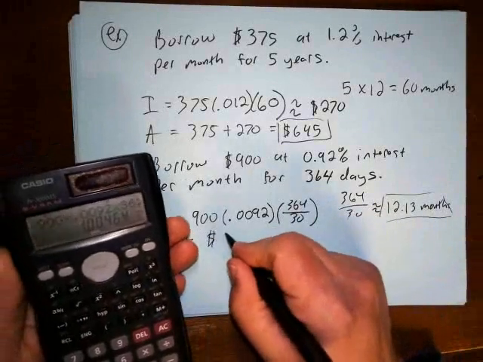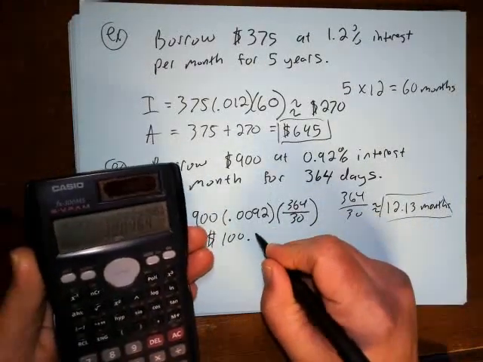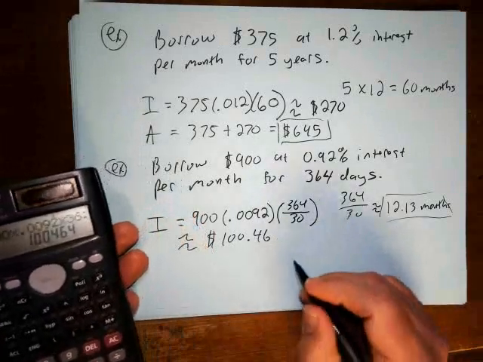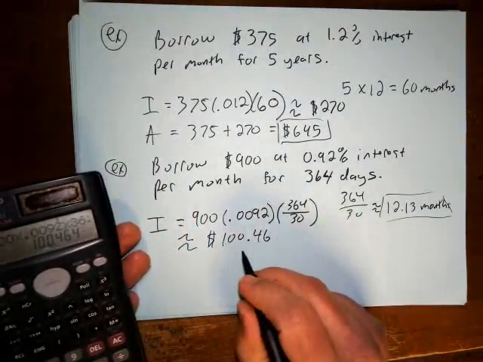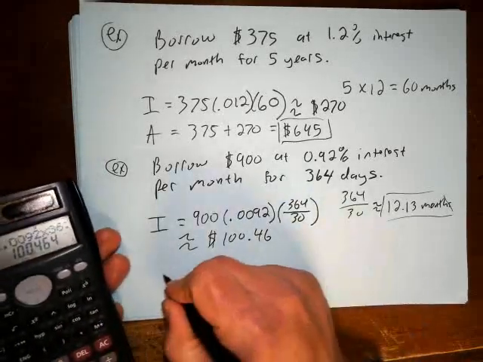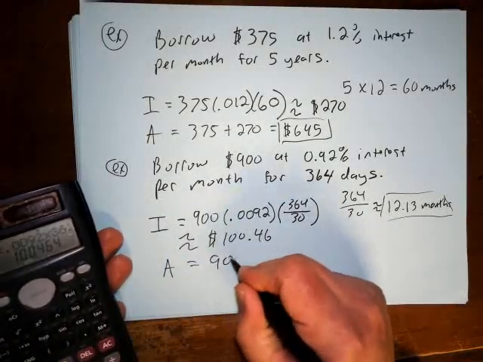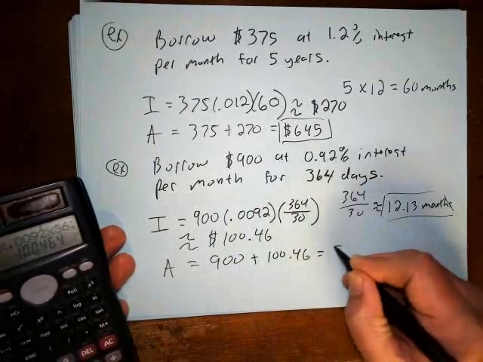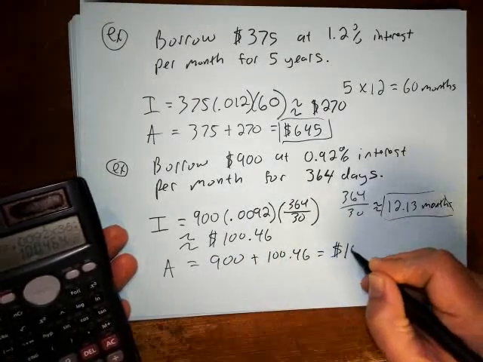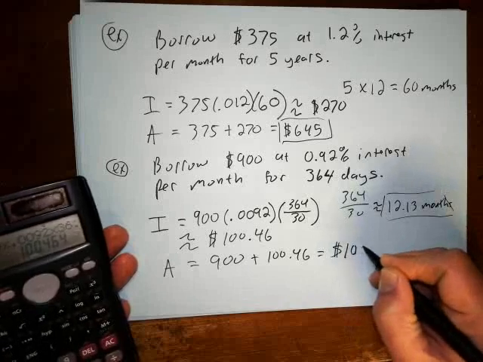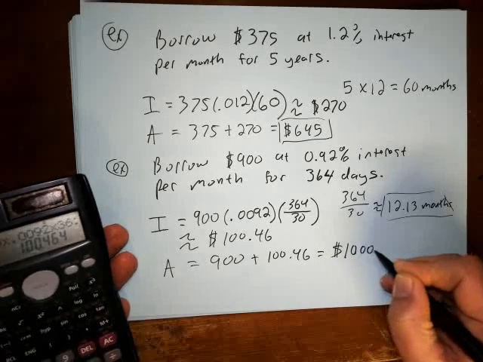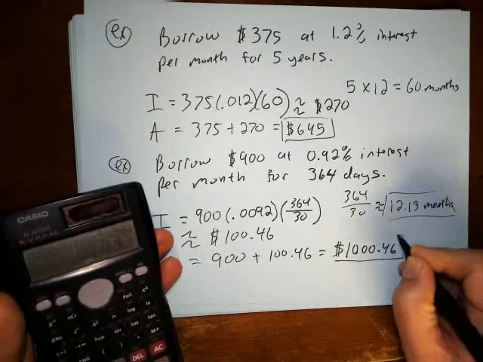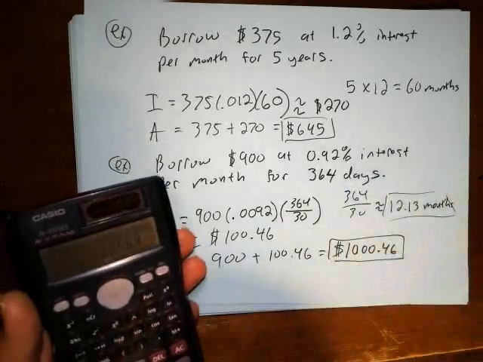And I get 100.46. So my interest is $100.46. The amount that I owe will be the 900 plus 100.46, so $1,000.46 is what it ends up being.